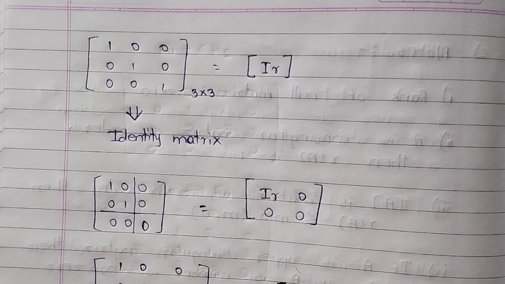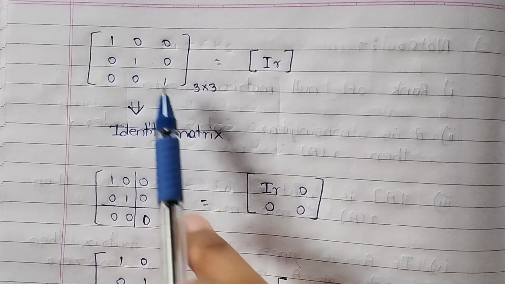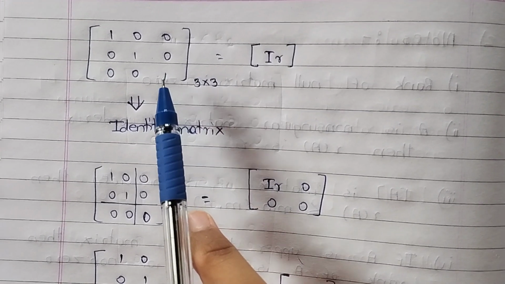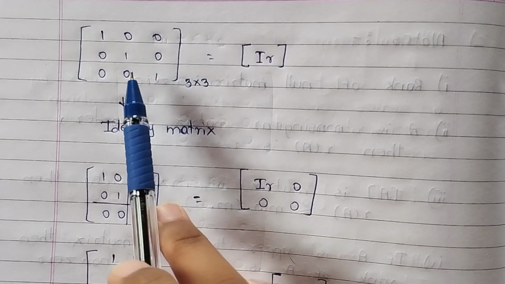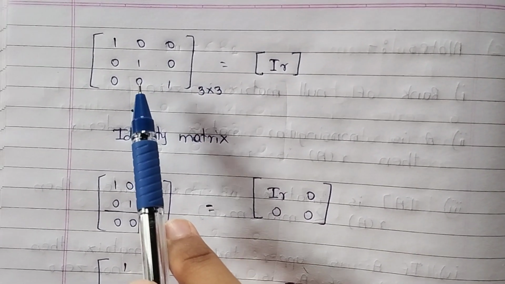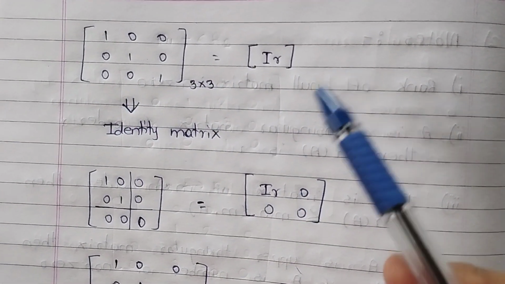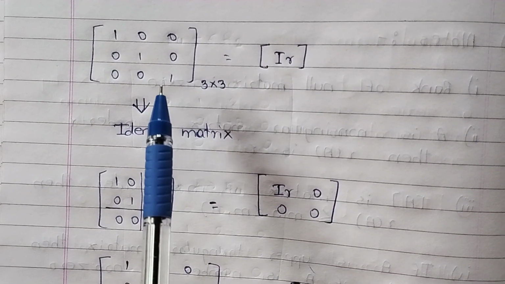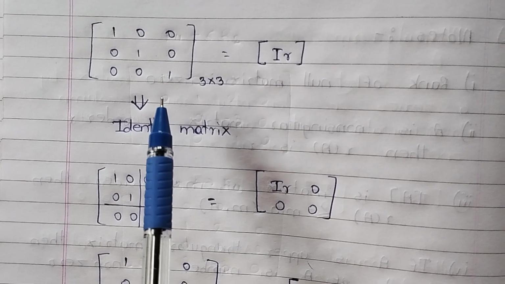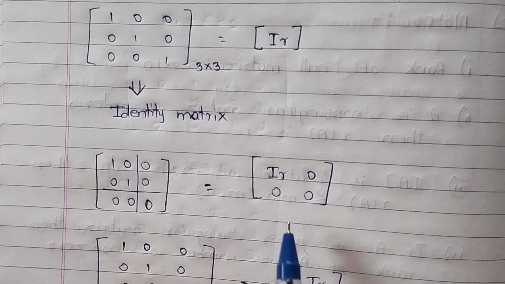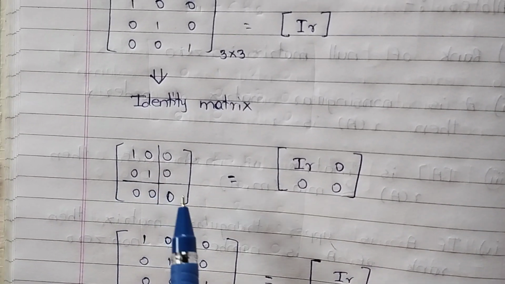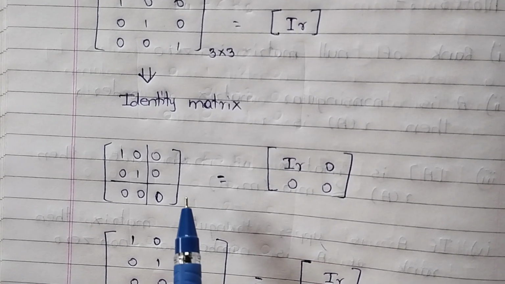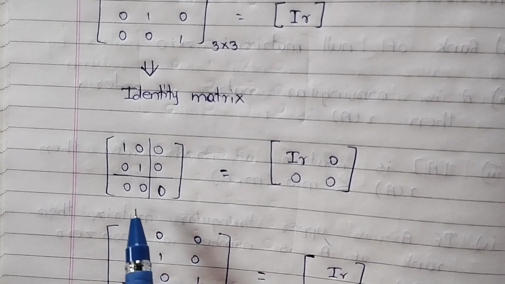The identity matrix means all the diagonal elements of the matrix are 1 and all the remaining elements are 0. And the forms are: I_r means the whole matrix is the identity matrix. [I_r 0; 0 0] means one block of the matrix forms an identity matrix and the remaining elements are 0.